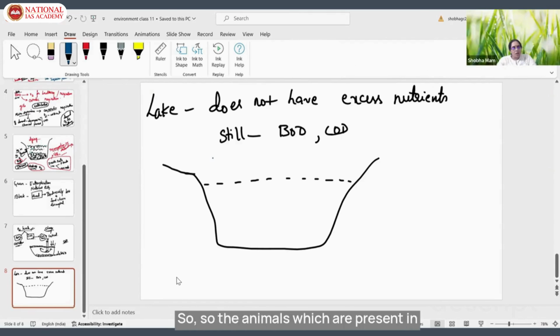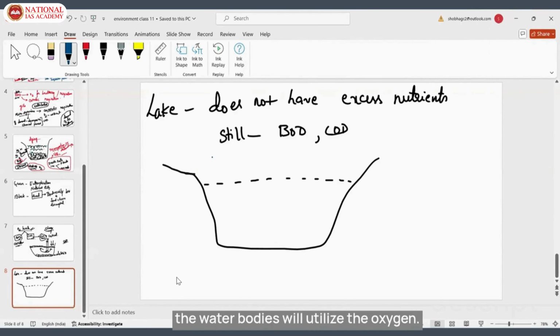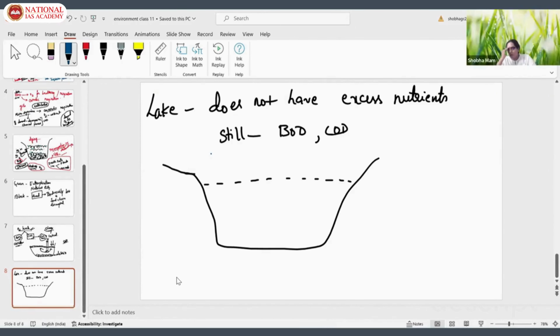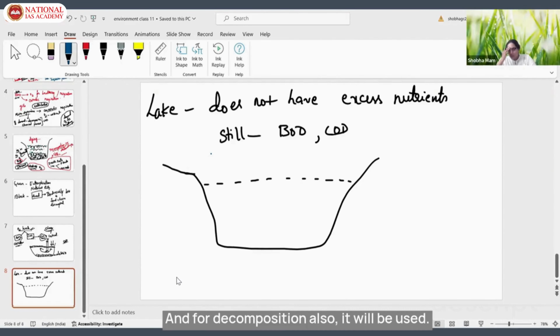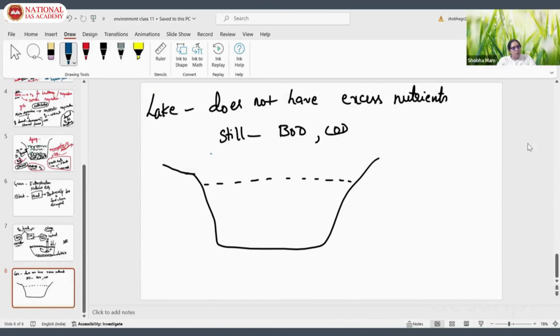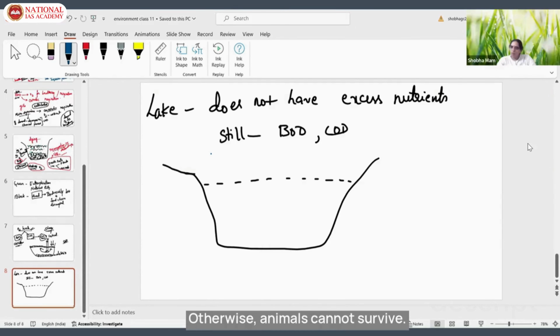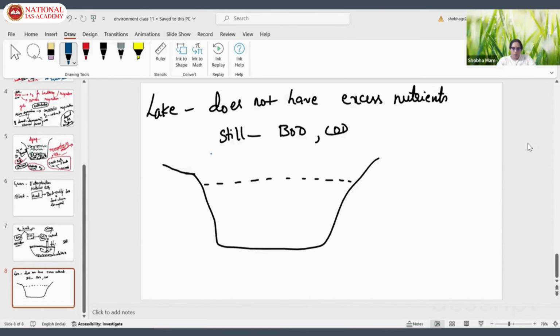Okay. So the animals present in the water bodies will utilize the oxygen, and decomposition also uses it. But there are also plants. Only when plants and algae are there can the animals survive. Plants are giving oxygen.